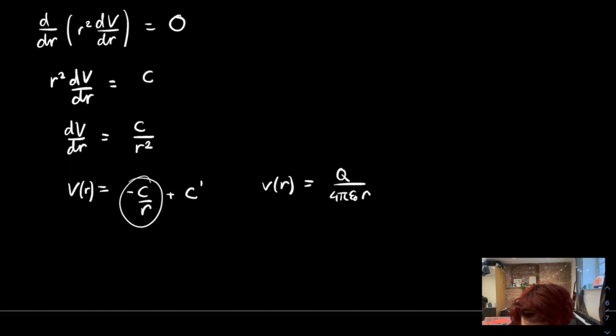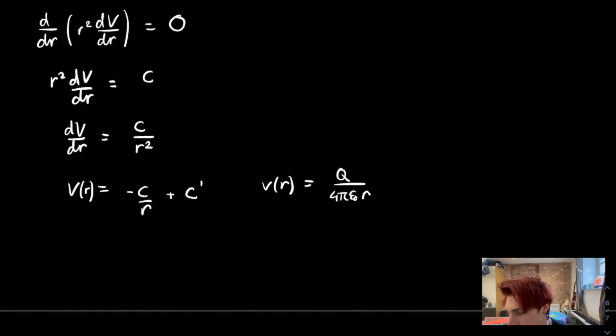Although we don't have any boundary conditions, this actually reflects what the electric potential of a point charge is, which is q over 4 pi epsilon 0 r in free space. Obviously, this only gives you the functional form, but you get this 1 over r dependence, and that is what's reflected in this equation.